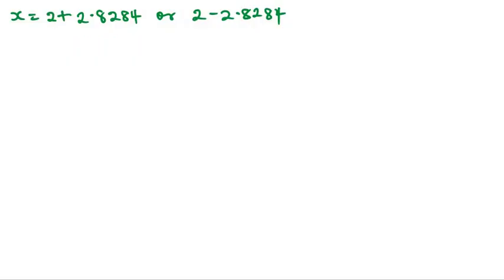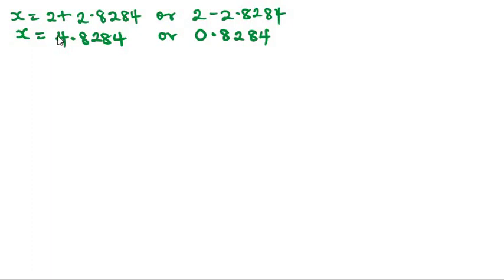x is equal to, from the left hand side, 2 plus 2.8284 gives us 4.8284, or from the right hand side, 2 minus 2.8284 gives us negative 0.8284. Remember the question says leave your answer in two decimal places.